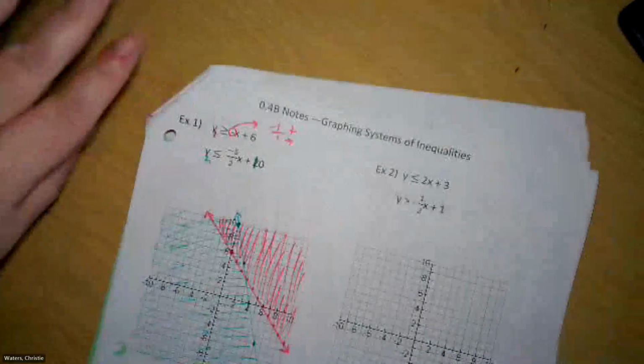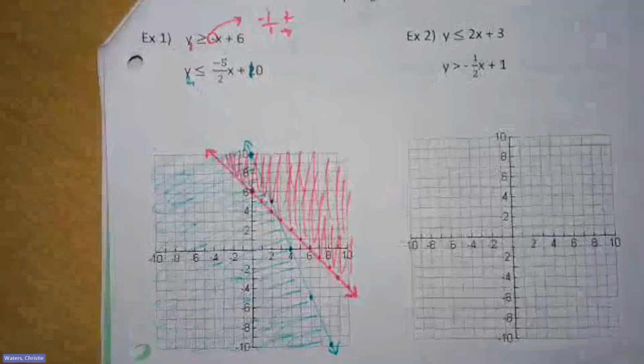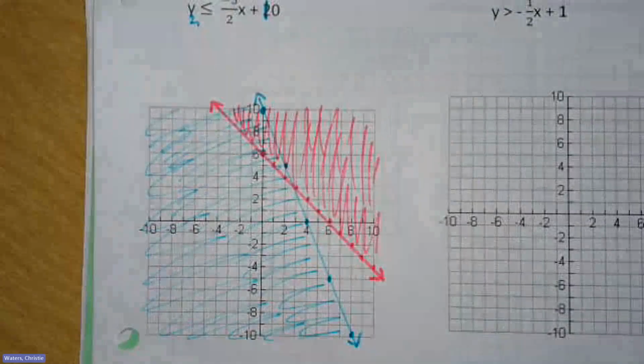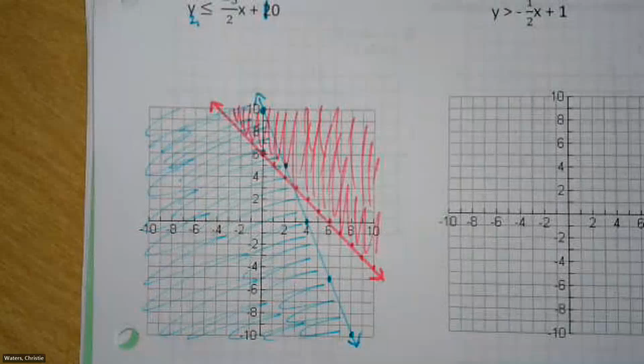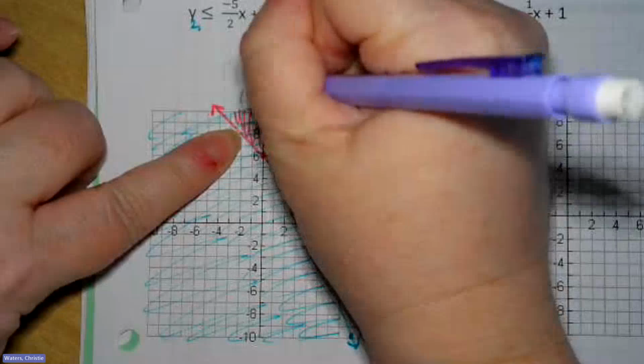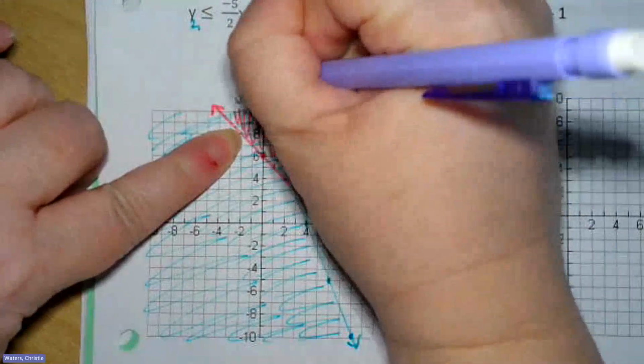Okay. So let's talk about what we just made. Let me zoom way in on this. So we have 4 regions of our graph here. This overlapped area is the solution to the system.